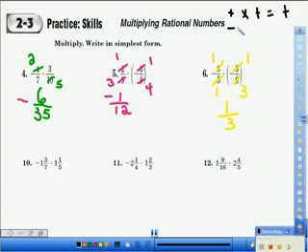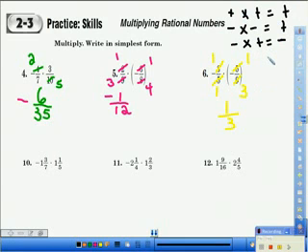And a negative, please get this, times a negative equals positive. And a negative times a positive equals a negative. And please don't get these confused with adding and subtracting negative and positive numbers. These are the rules. Please get them down. Put them in your notes.